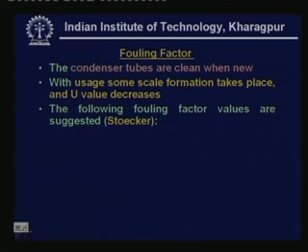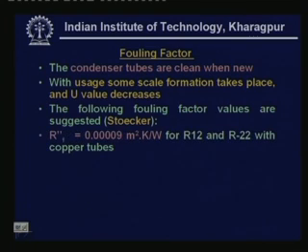So, we have to know what this fouling factor is. What is generally done, at the time of design itself, even though new tubes do not have any scale formation, is that we take account of the fouling factor and use some fouling factor to estimate the overall heat transfer coefficient. Stoker has suggested the following values for fouling factors.